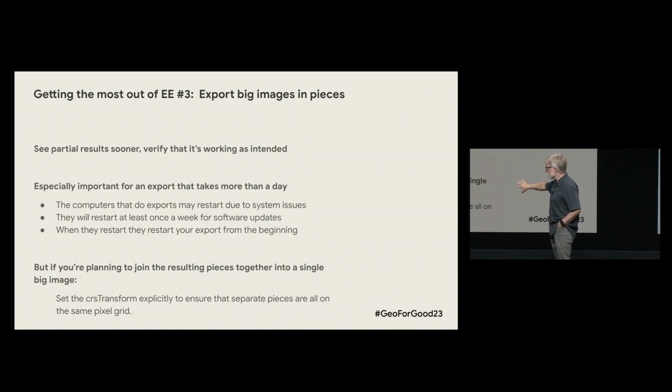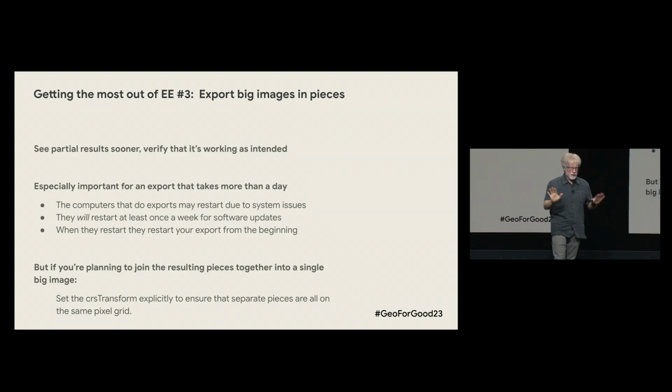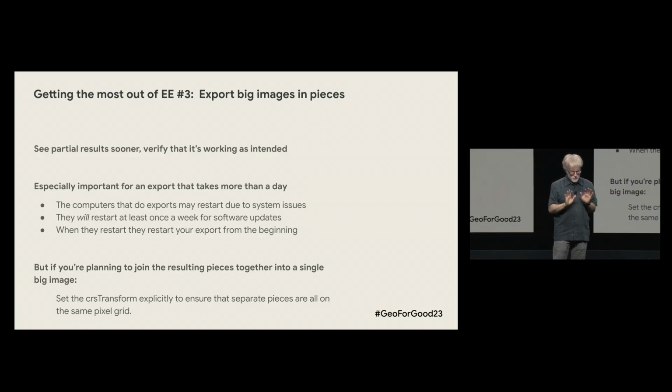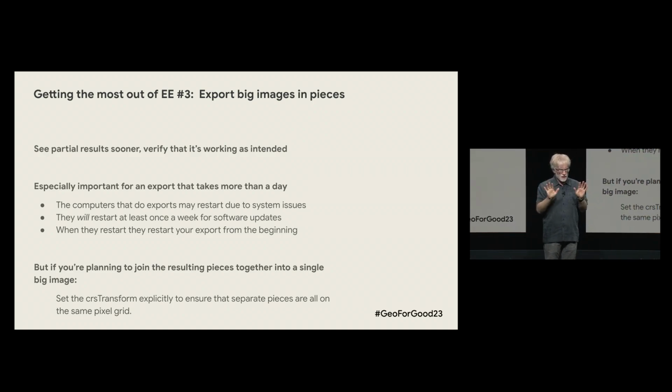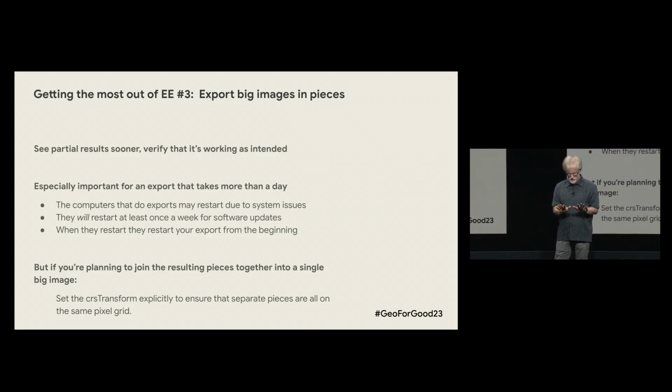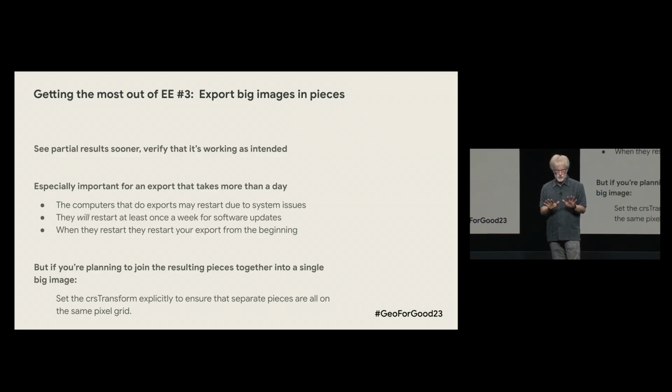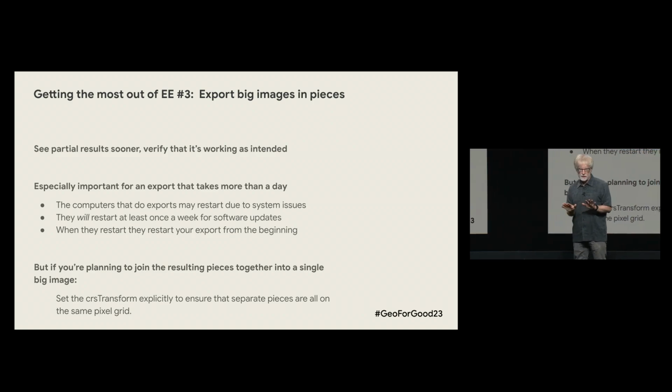I'm not going to go into a lot of details, but if you're expecting to take the results of a bunch of export images and put them together into one large image, you'll usually want them to all be on exactly the same pixel grid. And you might think that if you specify the same projection and the same resolution, they'll be on the same grid, but that's not necessarily the case.